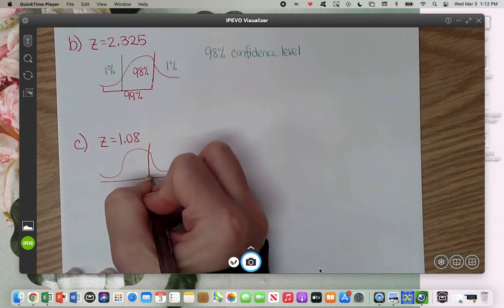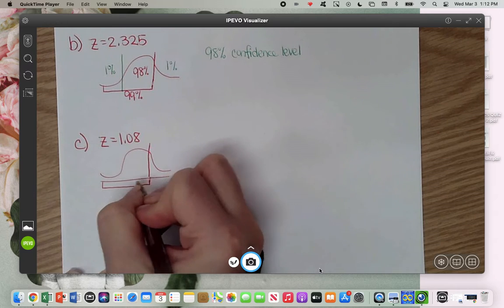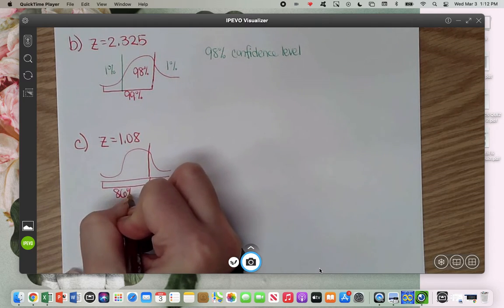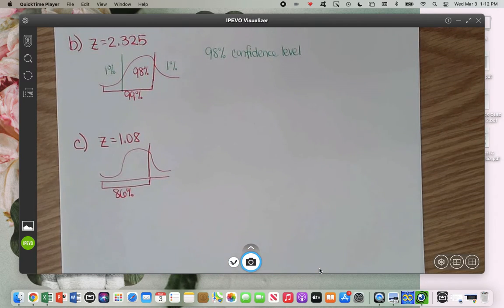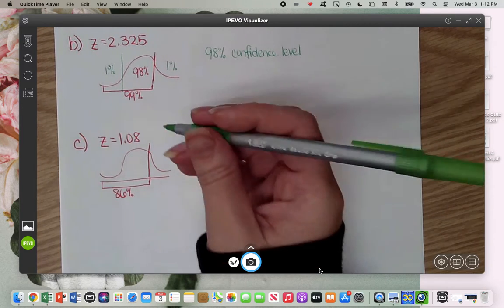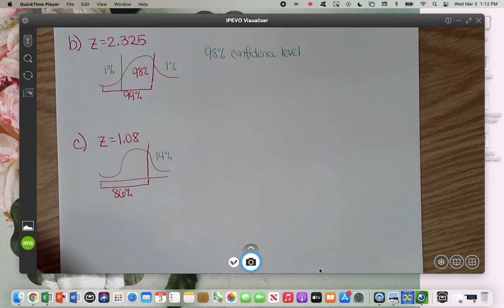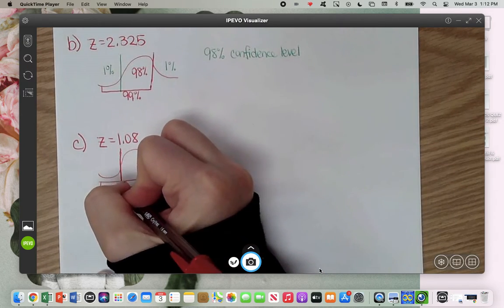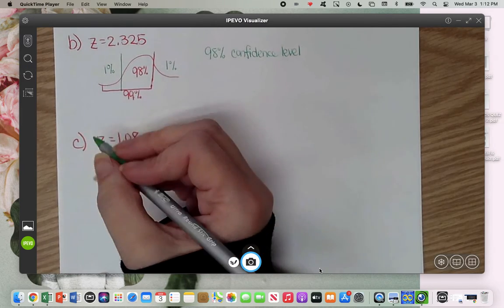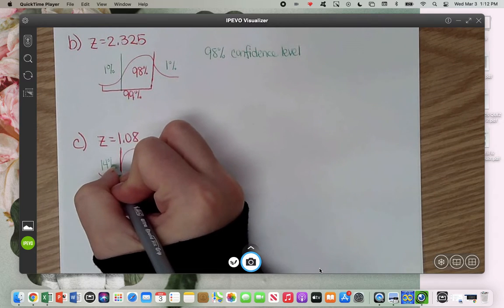So from here down, the left tail included is 86%. To complete that tail, this would be 14%. That means on this side, we have to have a match of 14%.